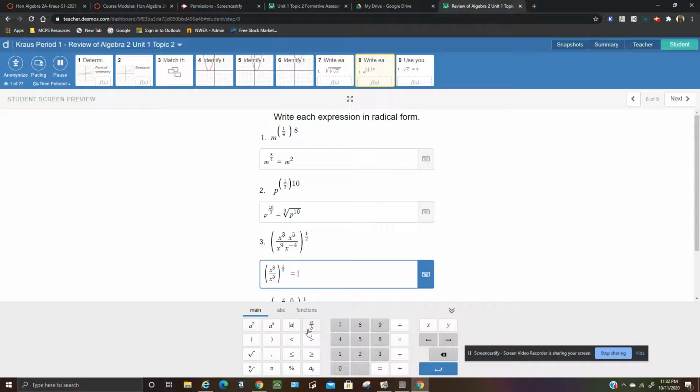Let's see if this will work. So parentheses x cubed, and then shift 6 to the exponent, and then add 1 over 2, which is equal to x to the 3/2.